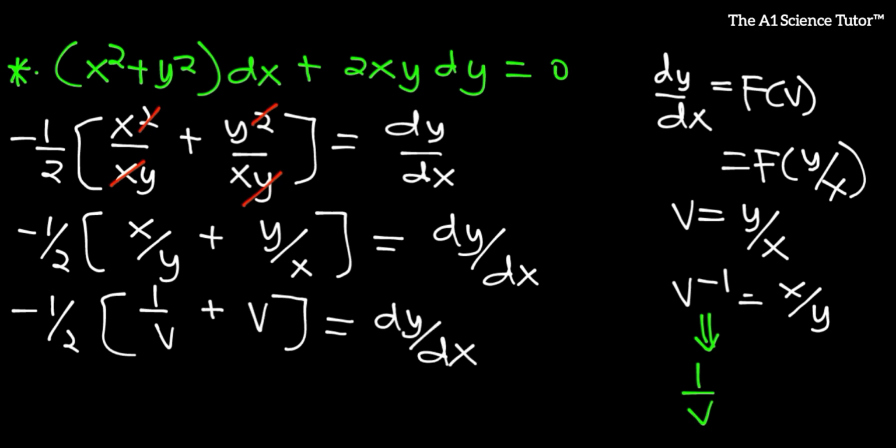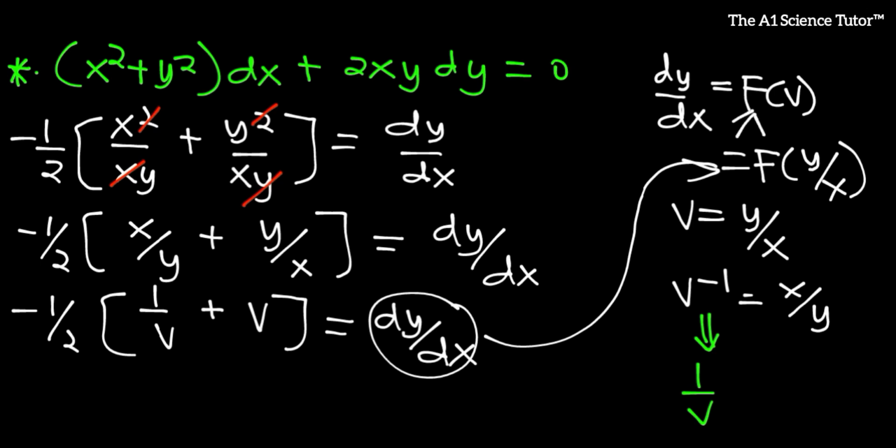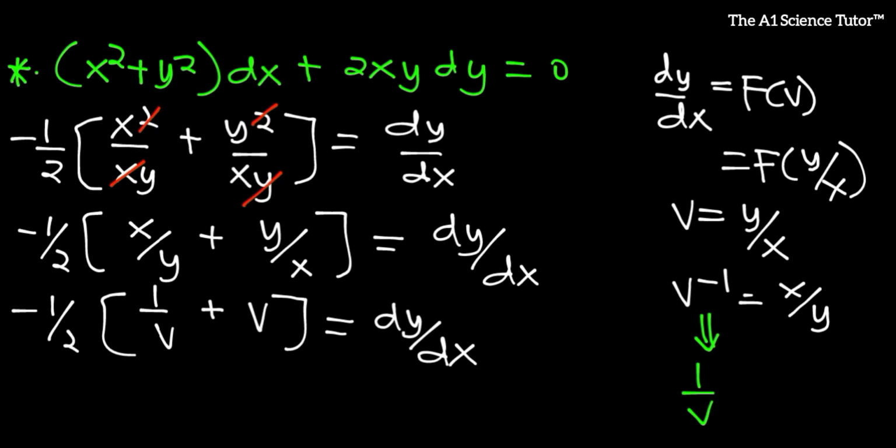Now we already know that dy/dx is the same thing as this form, right? Now this is the same thing as this. So it ends up being, and because I want to use v, I'm actually going to use the f of v. So this should be summed this way, -1 over 2. So before I do that, let us add this together.